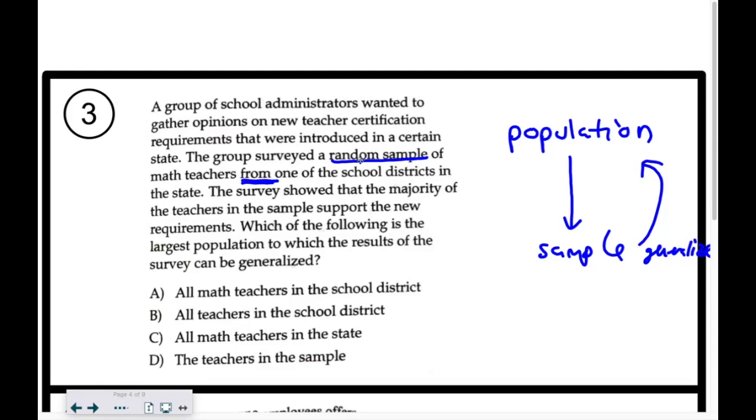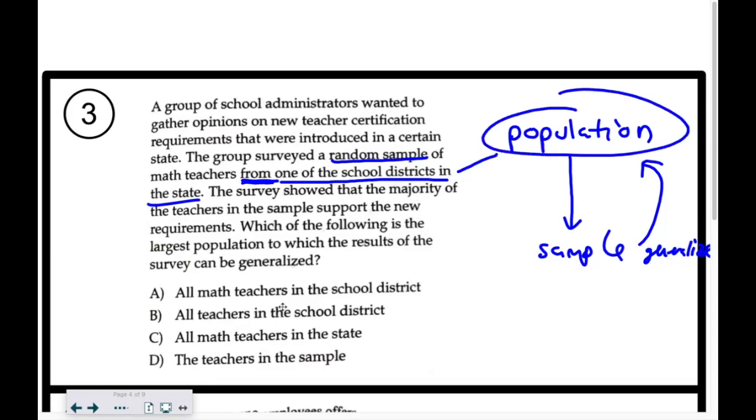I've just been skimming, and now it says from one of the school districts in the state. So that's the population. And my bad, math teachers. So not even all teachers. Only math teachers in a specific school district are the population.